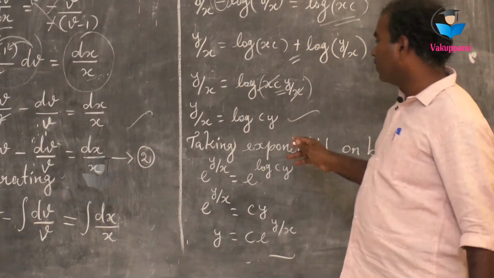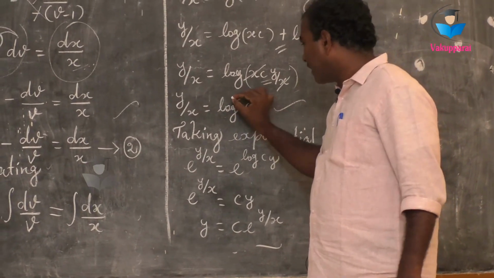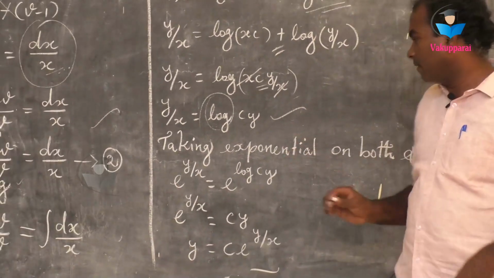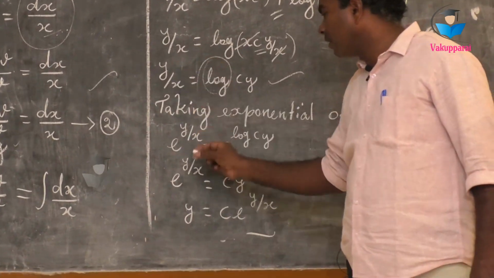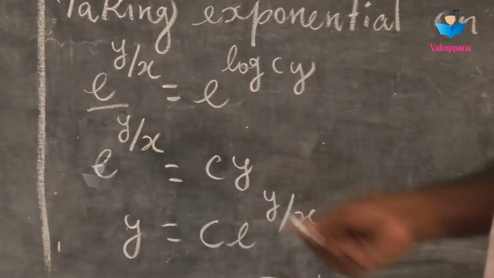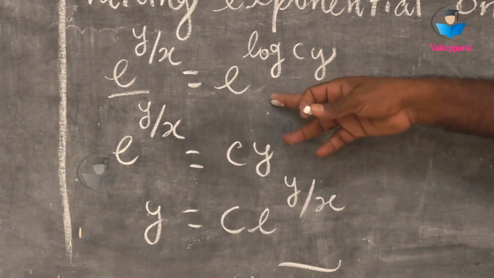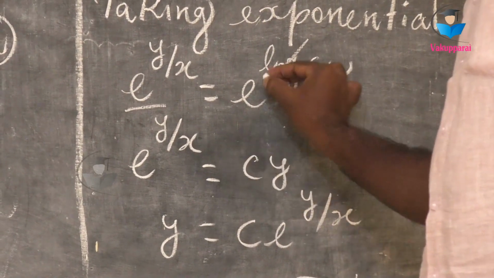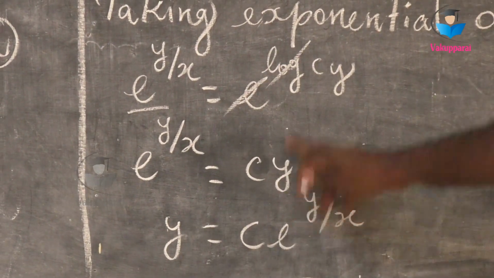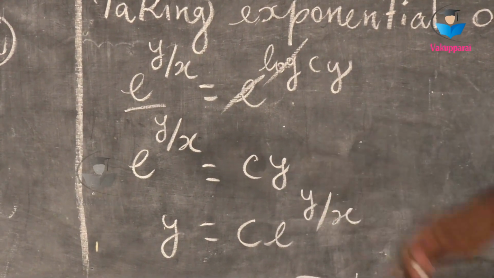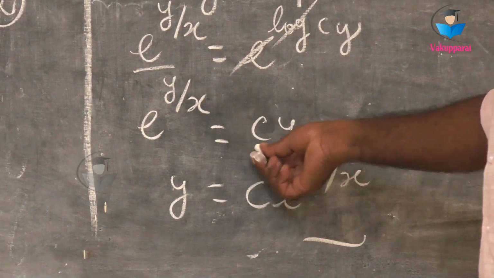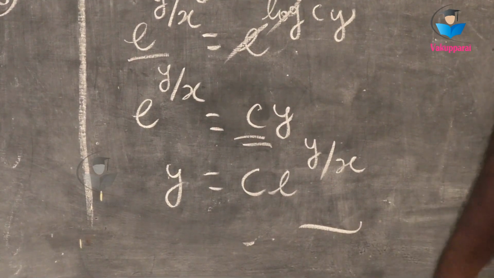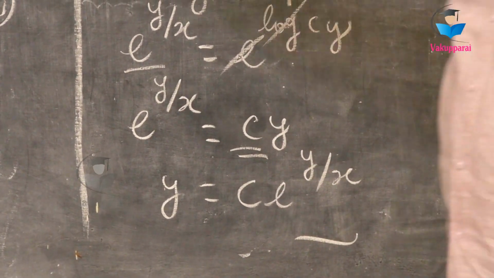Now, in order to cancel the log, we take the exponential on both sides. Then it will become e power y by x, and here e power log cy. Then the log and e cancel. Cancelling, we get this term. This C remains a constant, the integration constant.